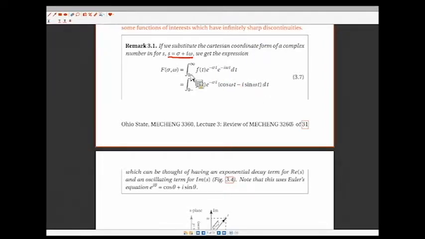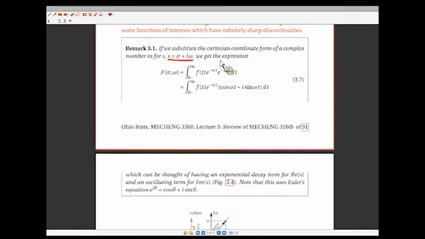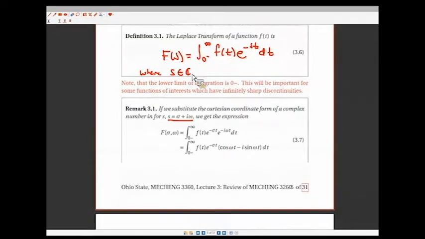And so this has elements of frequency associated with it, right? So here's our definition of the Laplace transform, and this has the e to the negative st term here. If I now substitute any generic complex number, s equal to sigma plus i omega, and expand this out using Euler's equation, I have a cosine omega t, which is a harmonic function, and I have an i sine omega t as well.